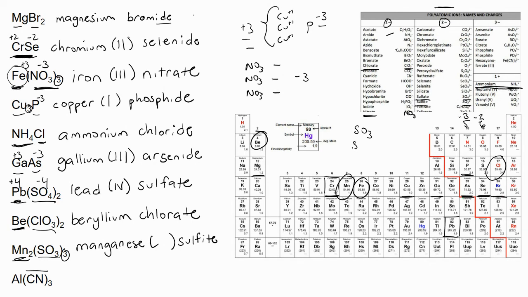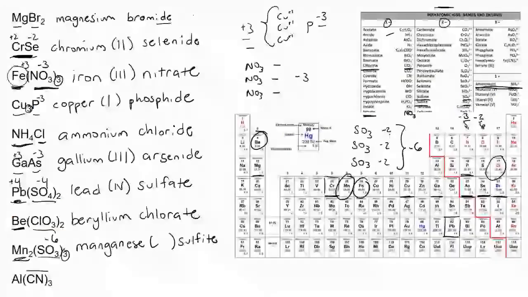So we've got SO3, SO3, SO3. Each one of them is -2. So altogether, our whole negative charge is going to be -2 plus -2 plus -2, which is -6 altogether. So our negative charge is -6. On our positive side, we've got Mn, and we've got 2 of them, Mn, Mn.